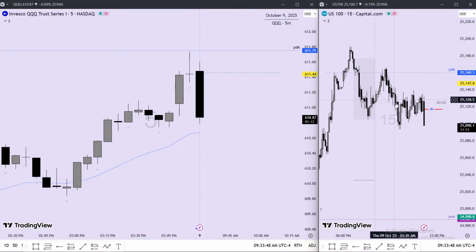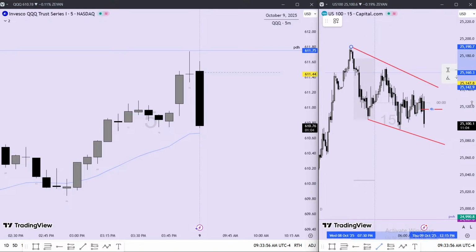First leg, second leg. Can this be the third leg? We are in a downtrending channel as of now.